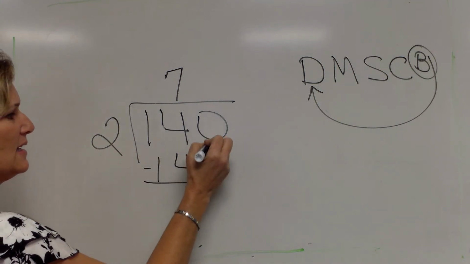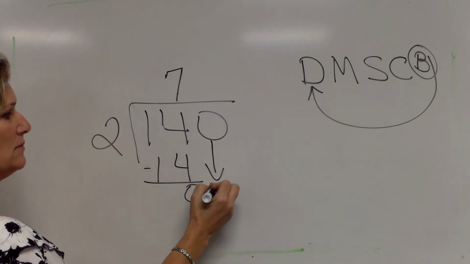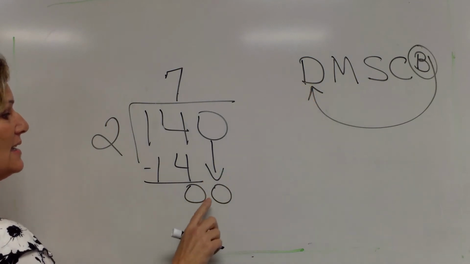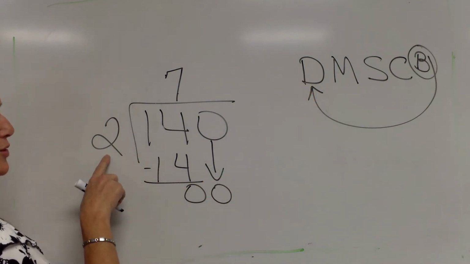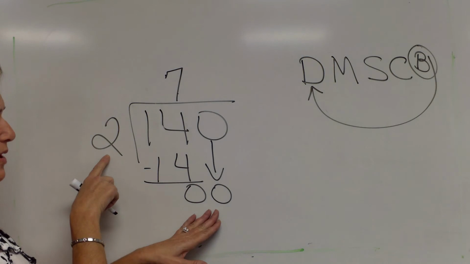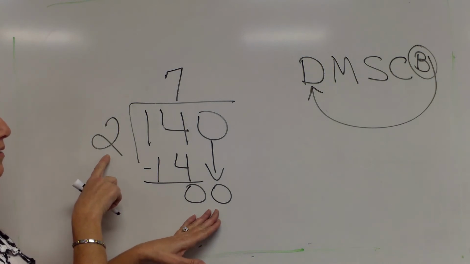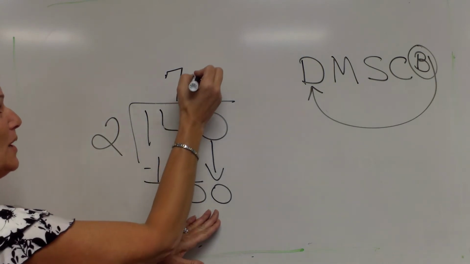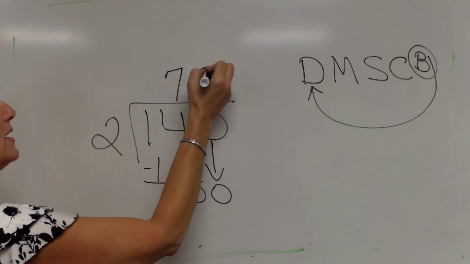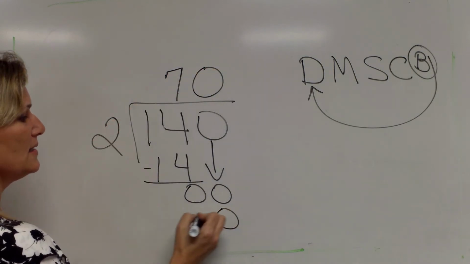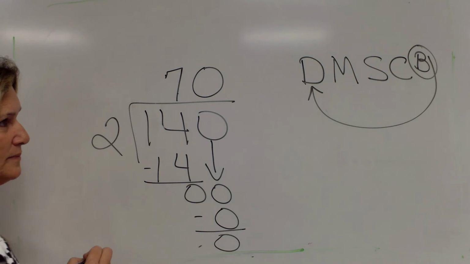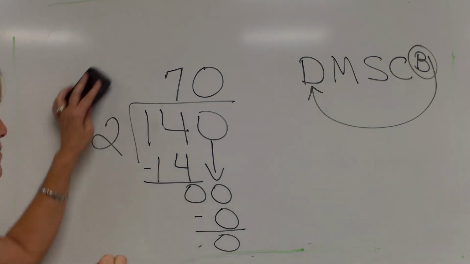Yes, it is. Now I bring down. Now I divide. 0 divided by 2. What times 2 gives me 0 or close to it without going over? Well, I know 1's going to be too much, so I have to put a 0. 0 times 2 is 0. And I'm through.